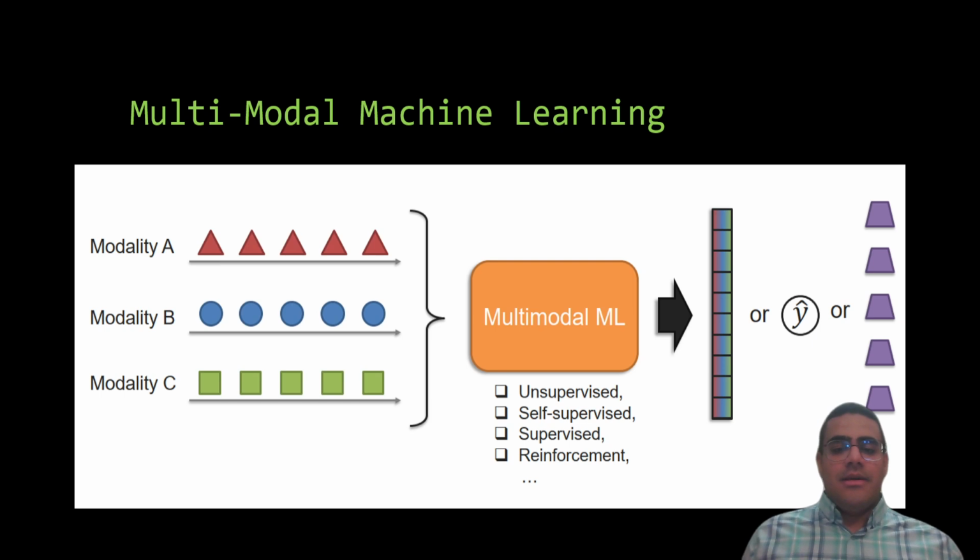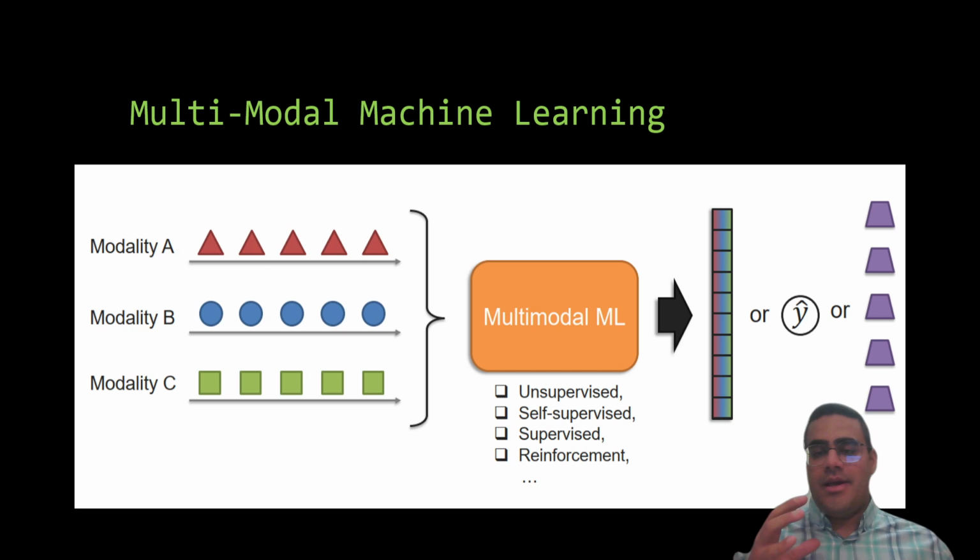So this is the idea that gave birth to multimodal machine learning, which is basically a kind of machine learning or deep learning model that is able to handle more than one modality at the same time.